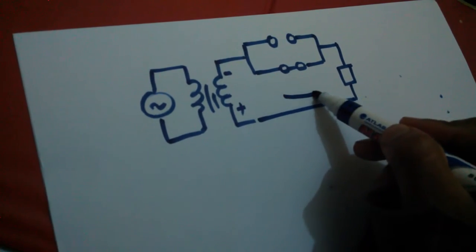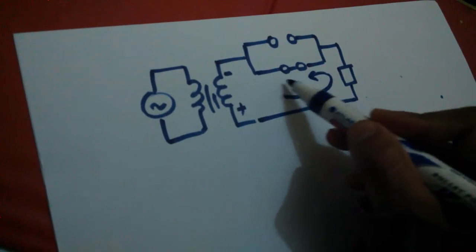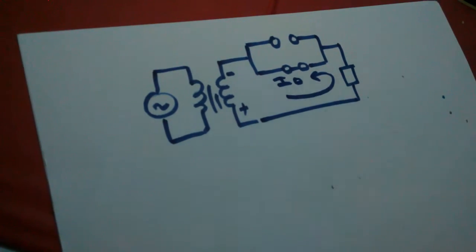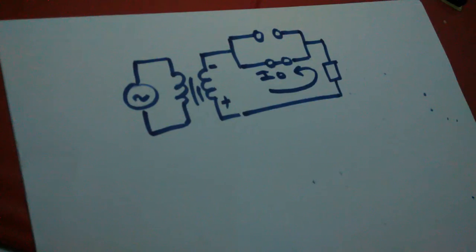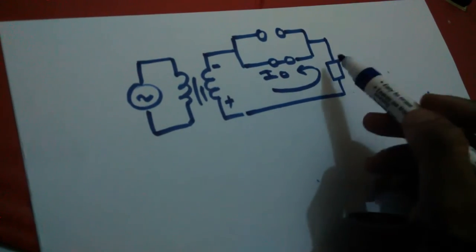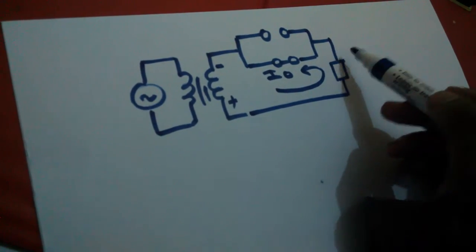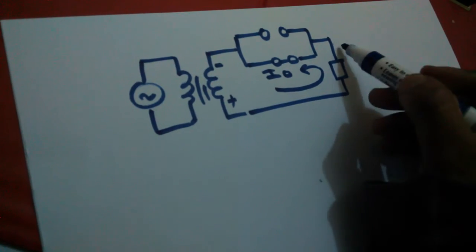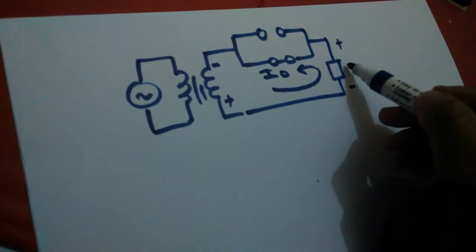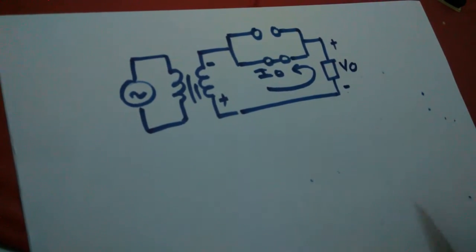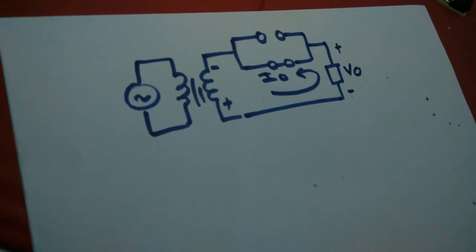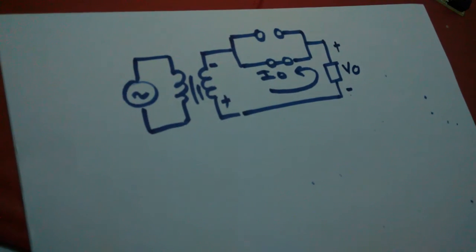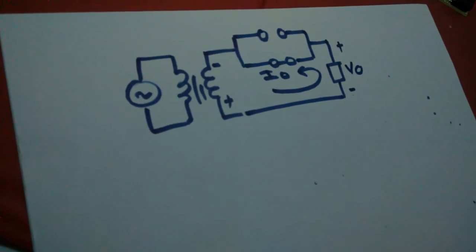Now load current will flow from this path. So in both cycles the voltage is applied to the resistive load. So the average output voltage will come in the output of the secondary winding of the transformer, and that will be controlled in positive half cycle and negative half cycle.